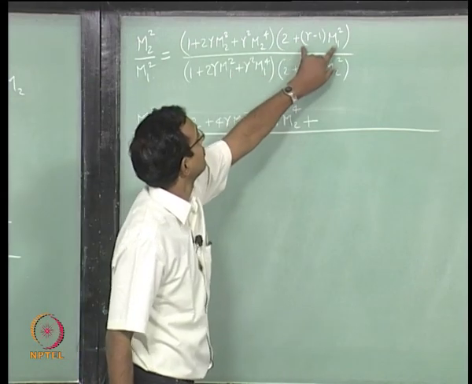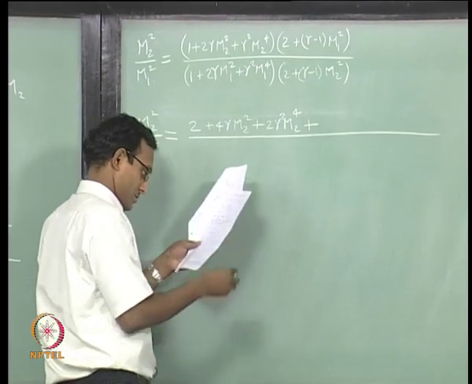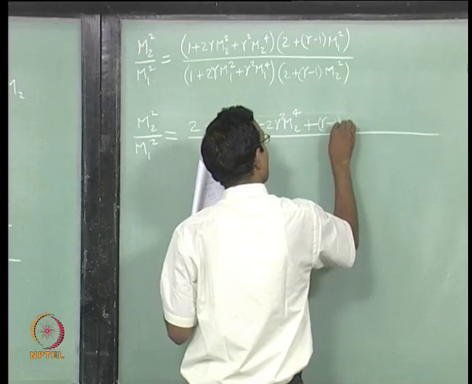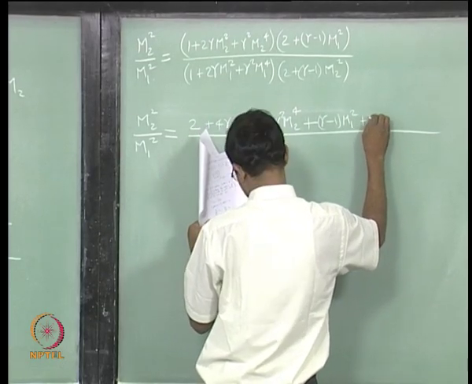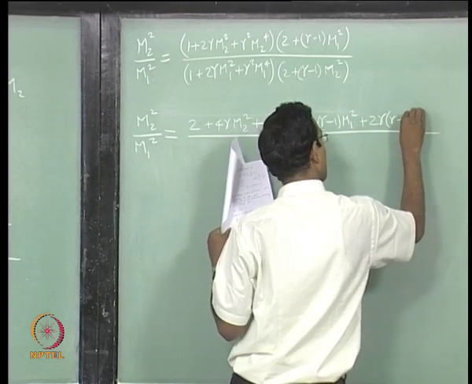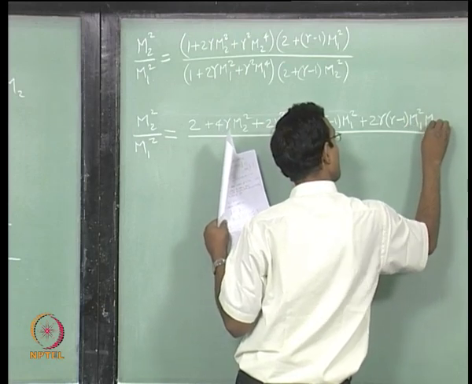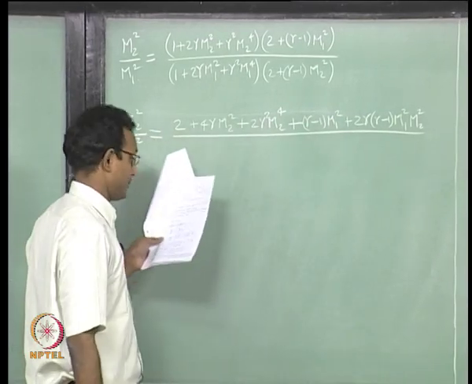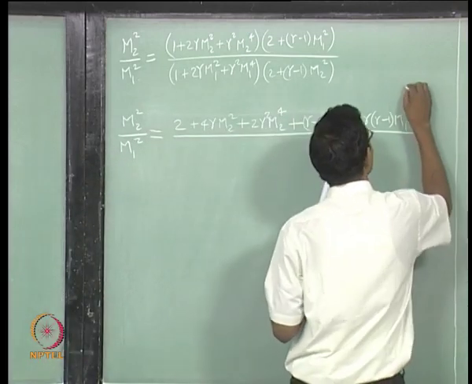Now I will write the terms for this M1 square times gamma minus 1 multiplying this whole 3 terms. We will keep gamma minus 1 in bracket for now. Even then I do not have space. Let us see if I can just squeeze this one term here.